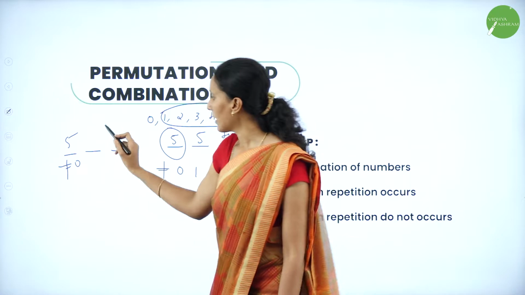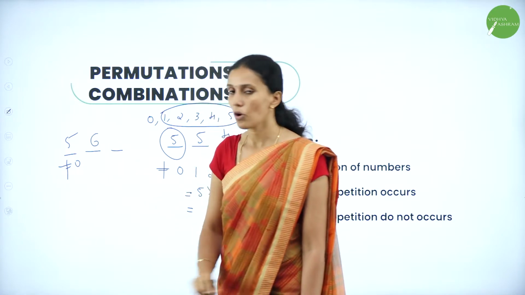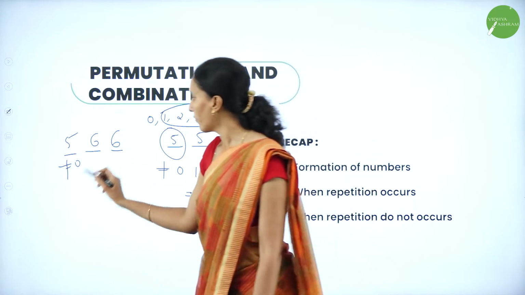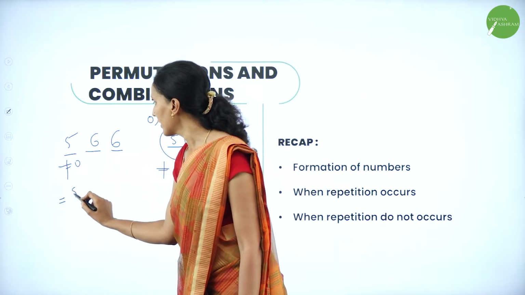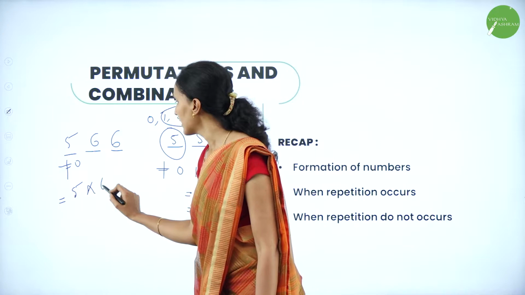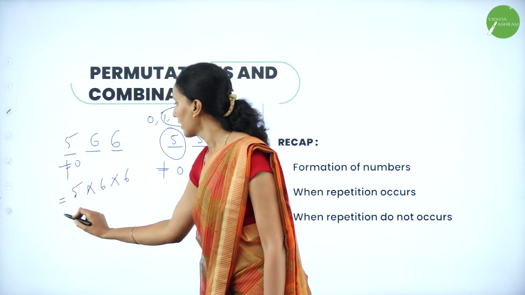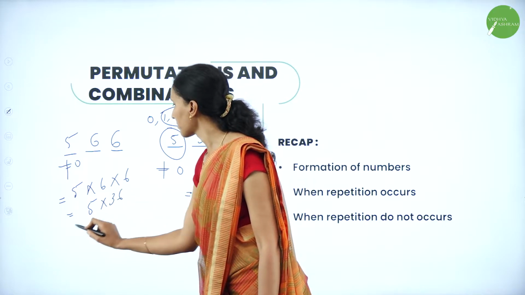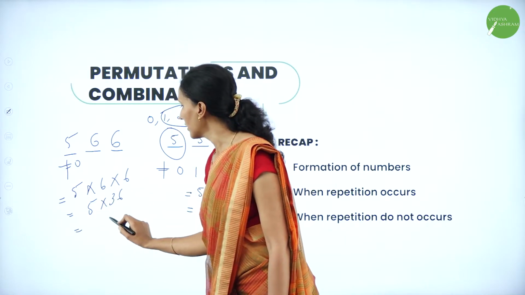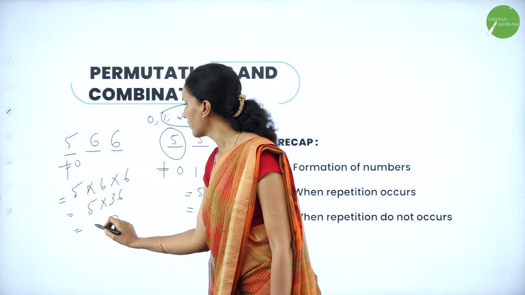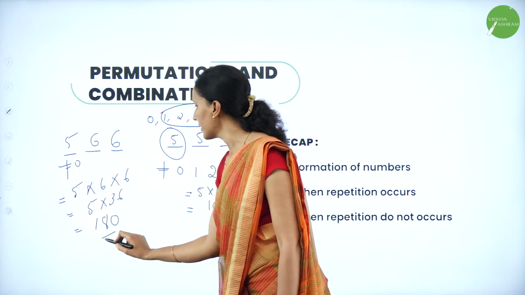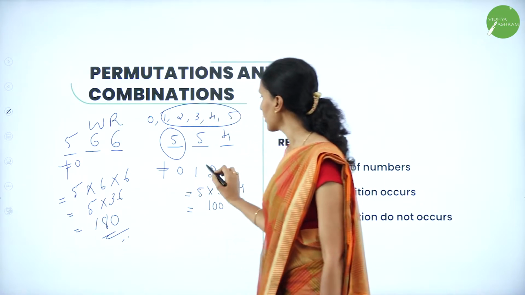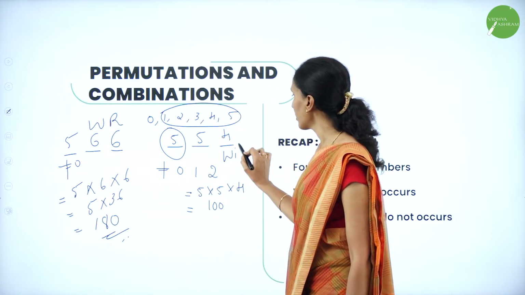But all the 6 numbers can be filled in this place also, and all the numbers can be filled in this place also. So my number of ways here is 5 into 6 into 6. That is 5 into 36. 6 5s are 30, 3 5s are 15, 180. So this is with repetition, and this is without repetition.